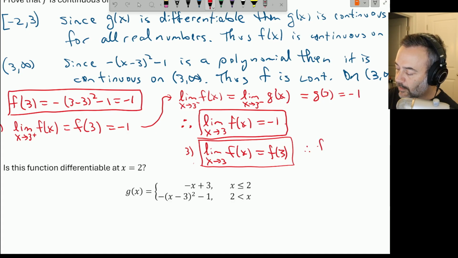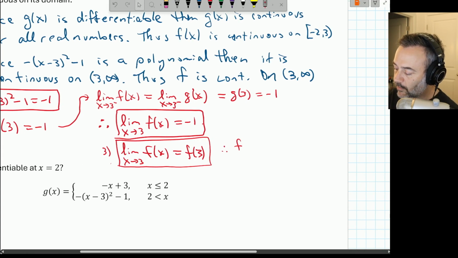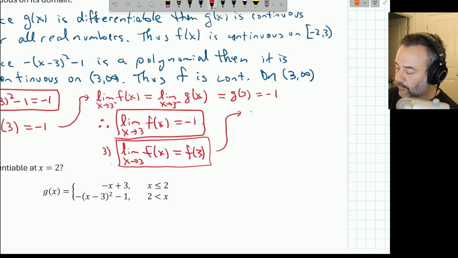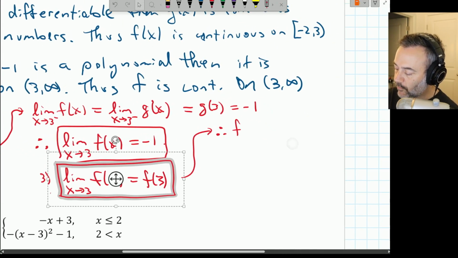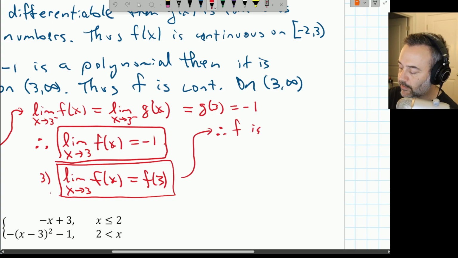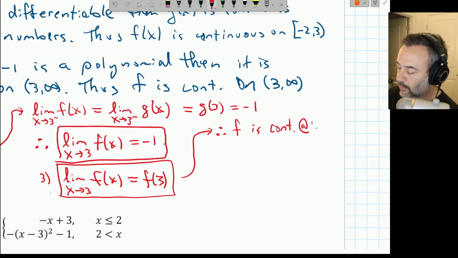Therefore, give myself a little bit more room. Therefore, lowercase f is continuous at x equals 3.